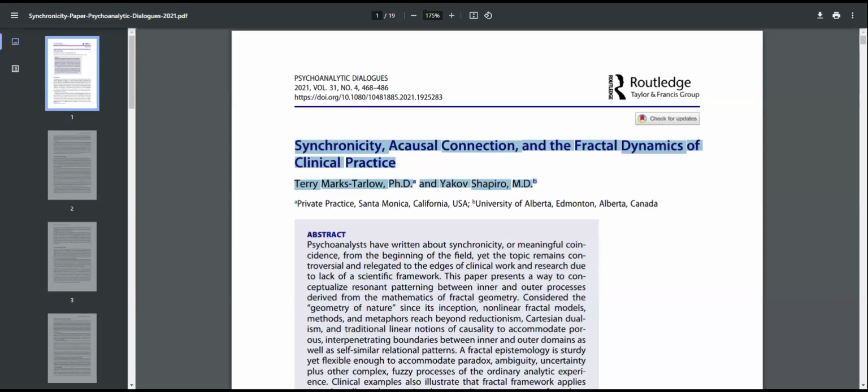Many psychoanalytic theorists highlight the significance of relational patterns. Yet no systematic way exists to date for describing the nature of such patterning.